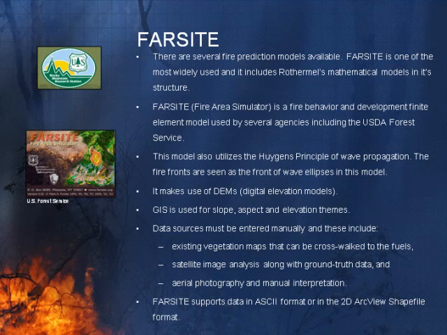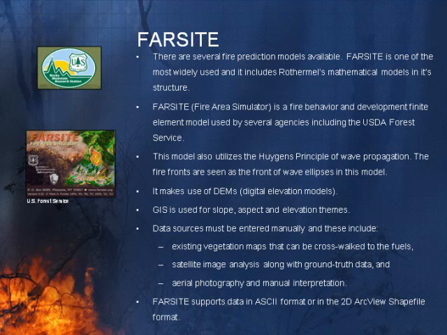Data sources must be entered manually, and these include existing vegetation maps. So they're probably taking USGS 7.5-minute maps, putting them in there. That's what they're doing. Use satellite imaging analysis along with ground truth data. Again, clarify it on the ground before you send some guy or gal out there to take a look.